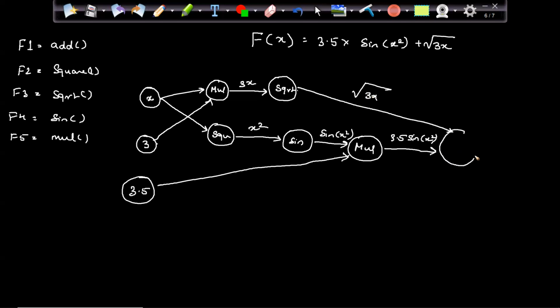And here I will have my addition neuron, which will add 3.5 sine of x square plus square root of 3x. And this will give me my predicted value y, which is this function. Done. This is a simple neural network for this complex equation.